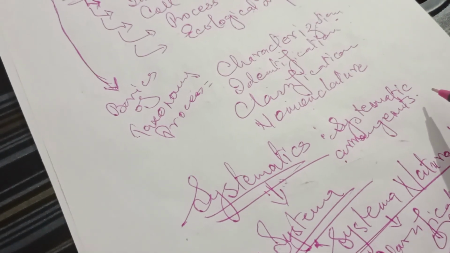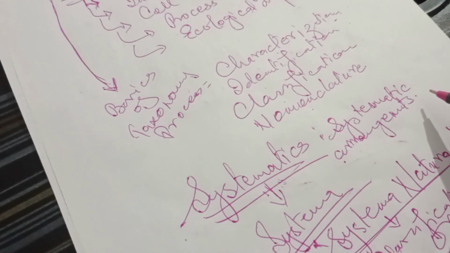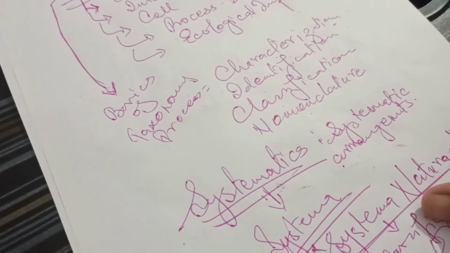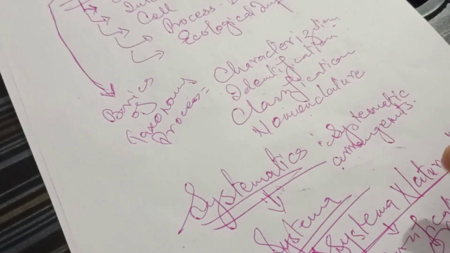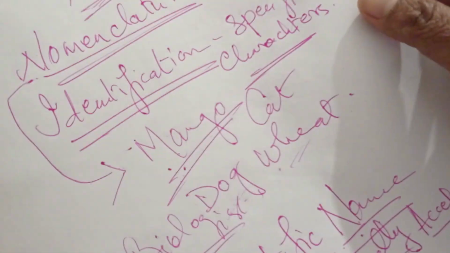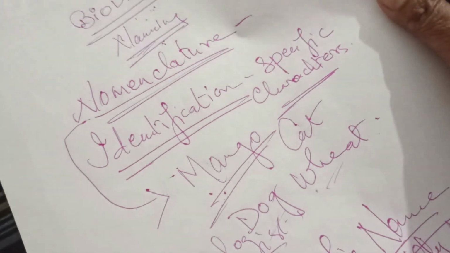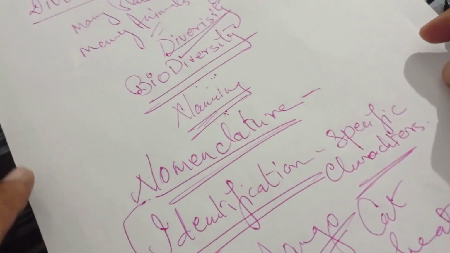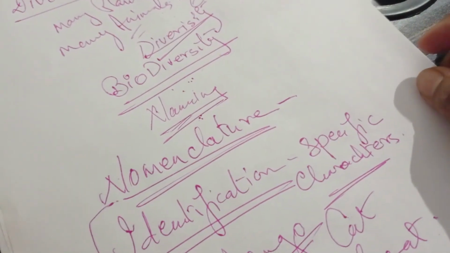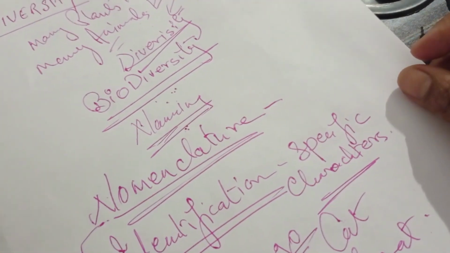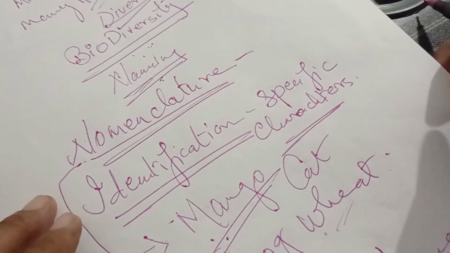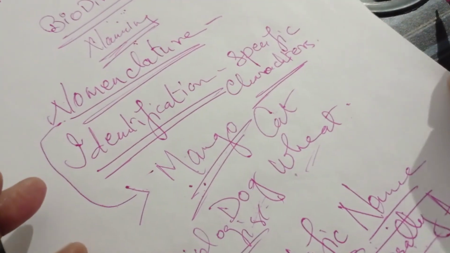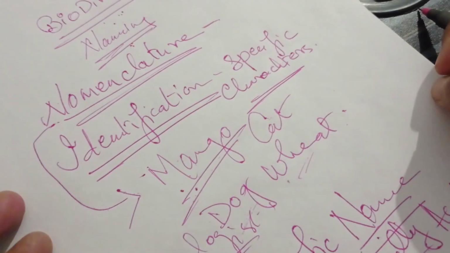Understand? Now, these terms, have you understood them? As we have studied now in diversity, what are those? First is diversity: a huge variety of living organisms. Then biodiversity: the same living organisms existing in different varieties is biodiversity. It includes nomenclature, that is naming. How is the nomenclature done? By identification of specific characters.